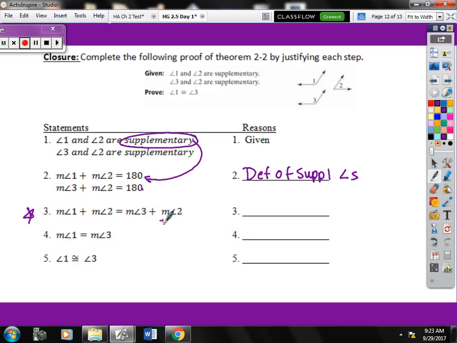They went from this to this. Any ideas? I'll give you a hint that it's a property. If you go back to yesterday's, you have your list of all your possible properties, your little word bank.